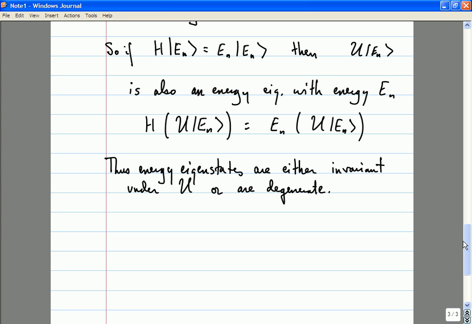Okay. Good. So, what is a group? A group is a set equipped with a multiplication rule.